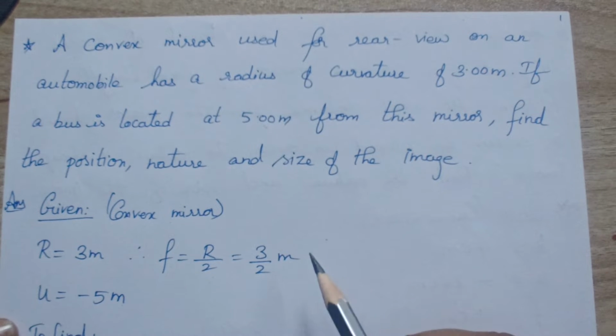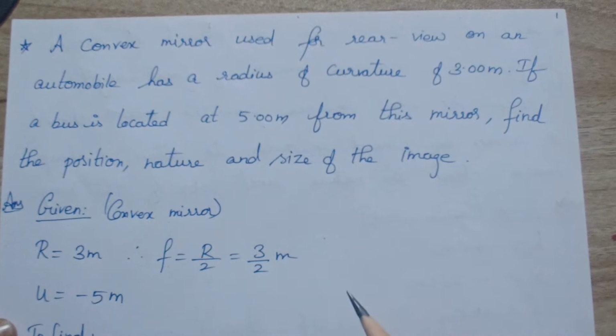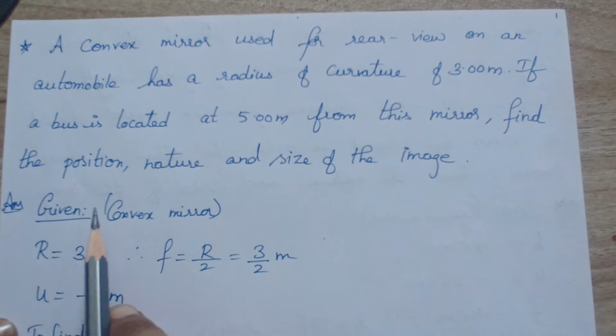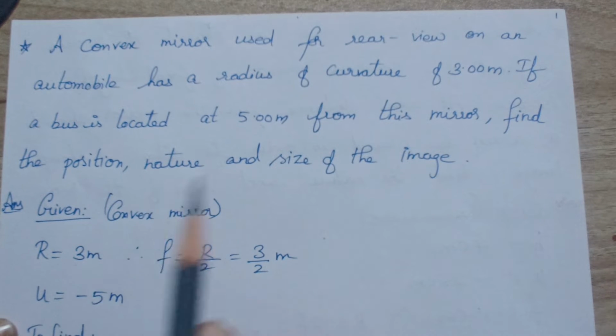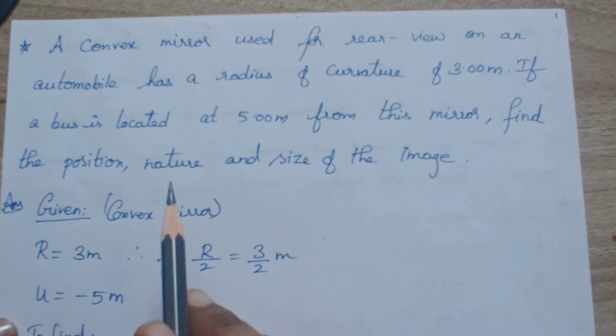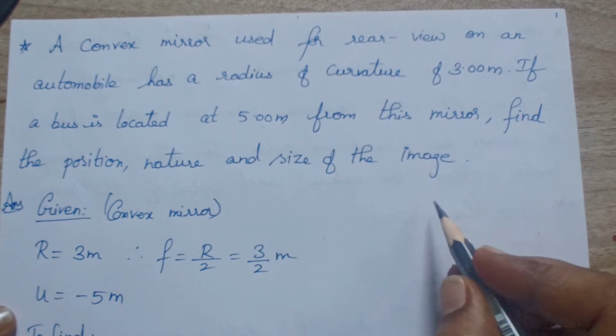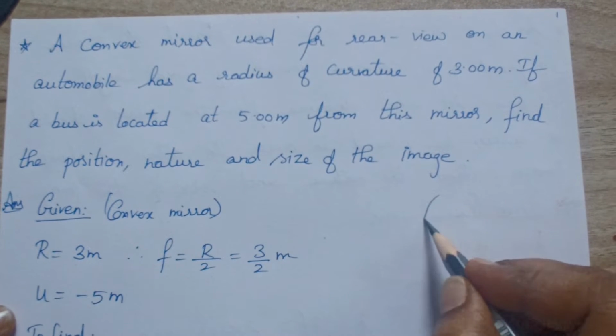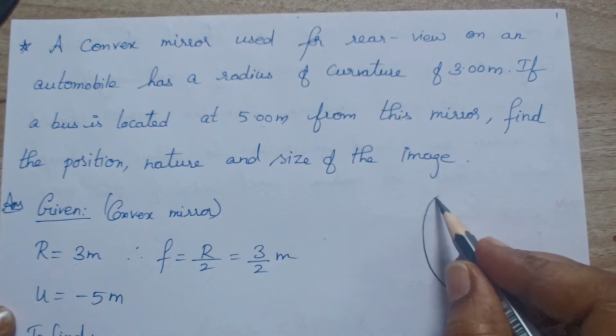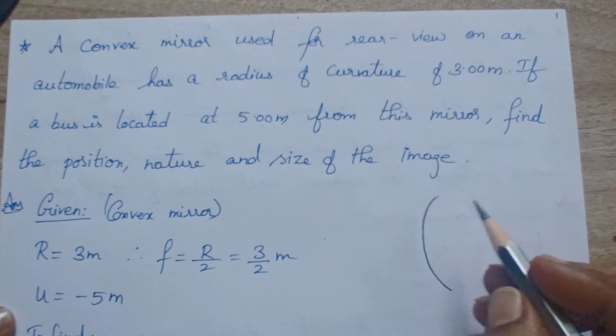First using the ray diagram we'll get a rough idea of the position of the image, the nature of the image, and the size of the image. So convex mirror means what? It is curved outwards.